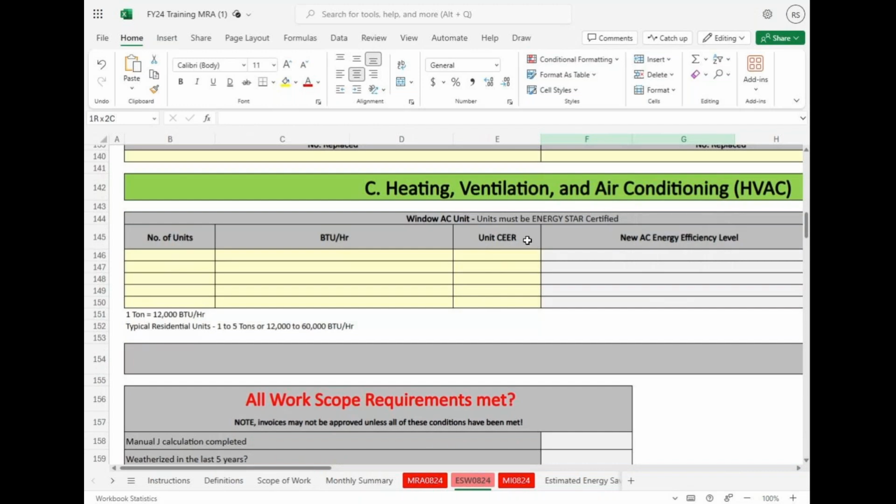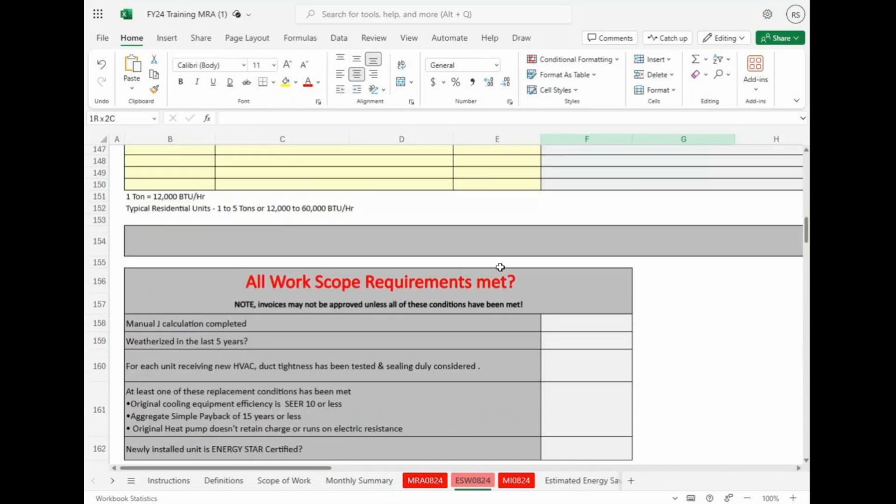HVAC, we've gone ahead and greatly expanded a lot of the inputs here, simply because with the FY24 focus on fuel switching and electrification, we really want to make the communication here as clear as possible.